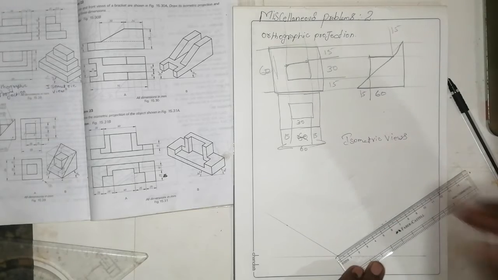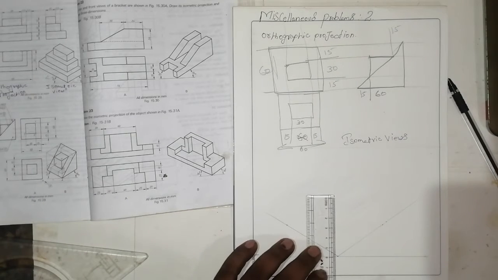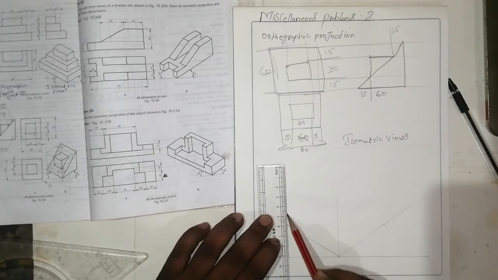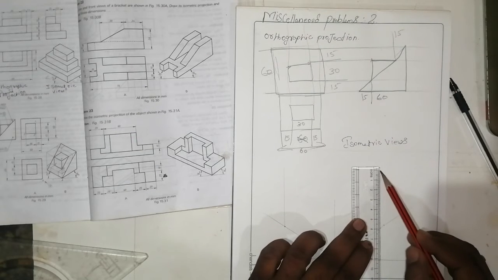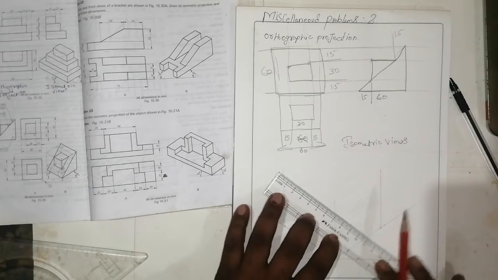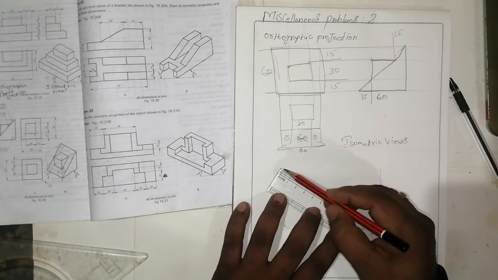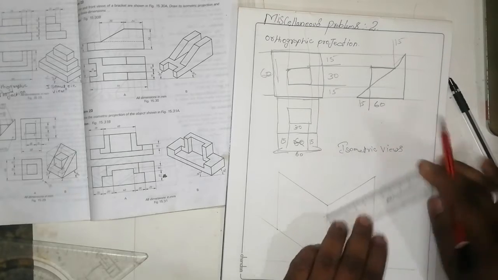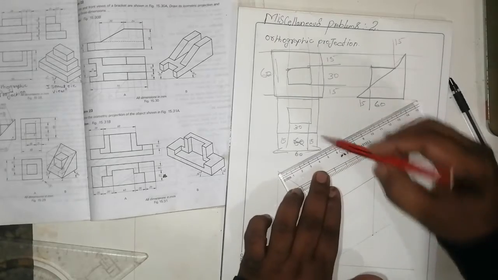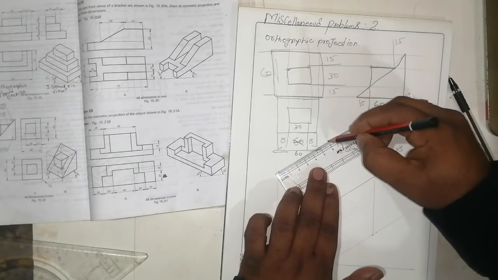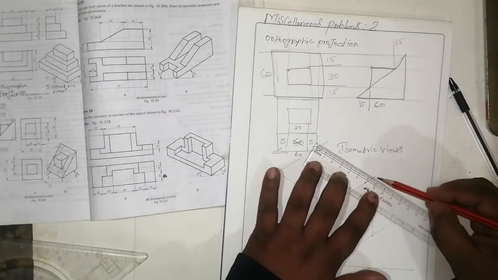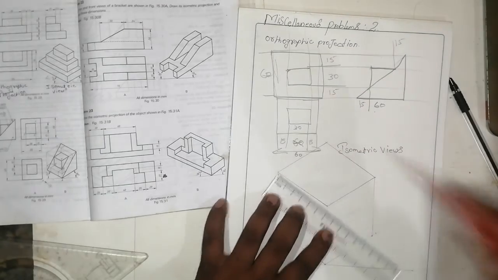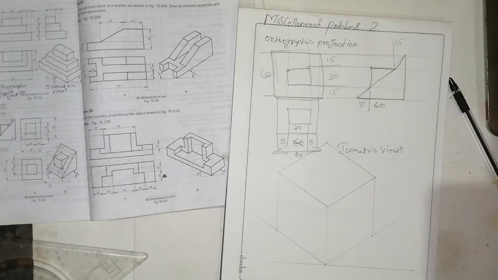Here also 60 mm. Then height also 60 mm. So make one square box all around, 60 mm. Keep a middle point 30 and 30, so that the drawing will come very neatly.